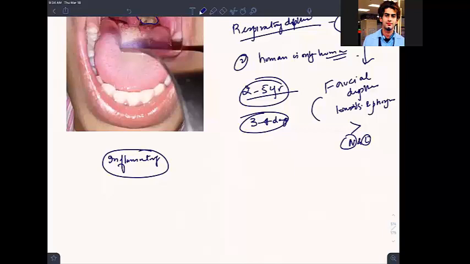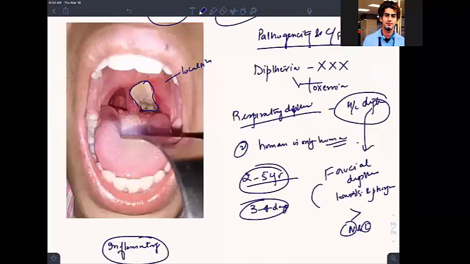This is the normal epithelium. You have a very nice blood supply. Normally you don't have anything. Now when you have a toxin, it will destroy the cells. It will destroy the epithelium. It will lead to necrosis, death of the cell, and inflammation.